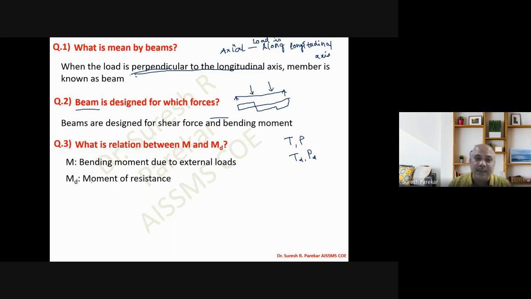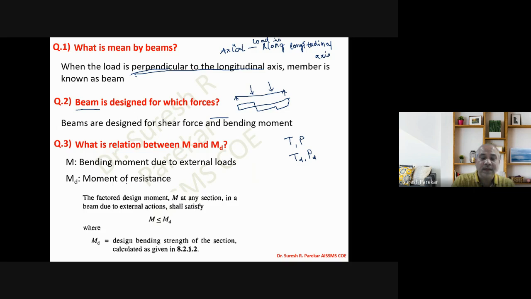So MD is the moment of resistance, or we can say the design bending strength of the member. So you can see over here, design bending strength of the section. And what will be the relationship? M should always be less than or equal to MD. That is, the strength of the member should always be greater than the load coming on it.